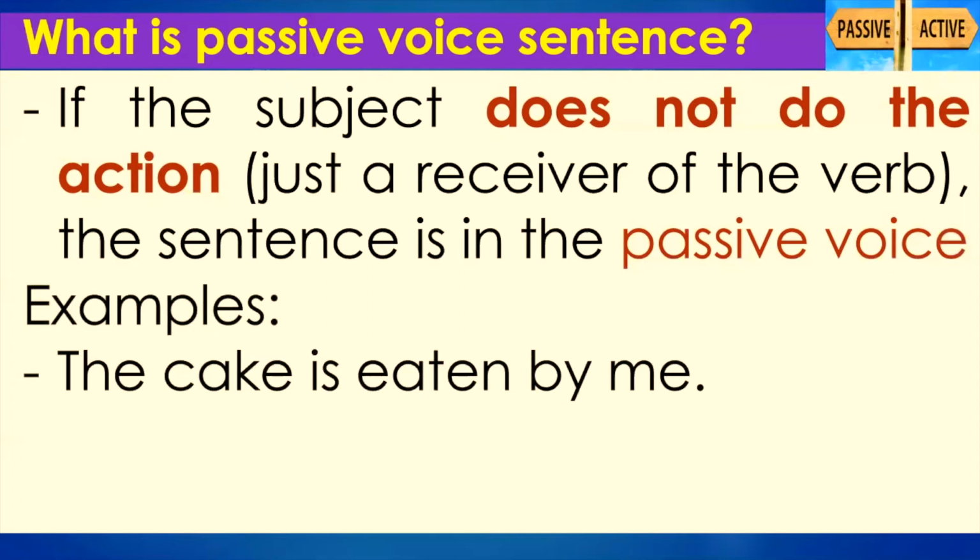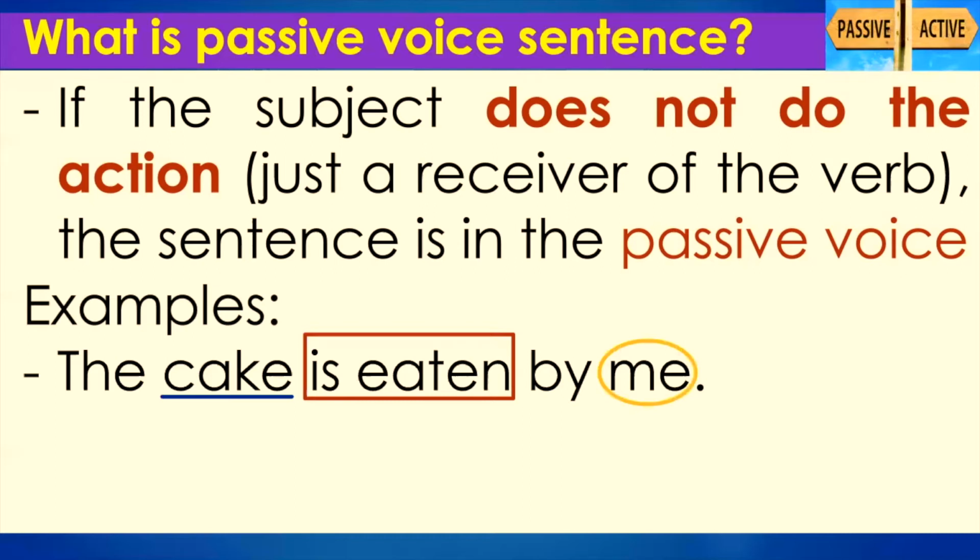What is our verb here? Yes, is eaten. It's the only phrase here that expresses action. Why is included? You know, is a linking verb. All right? Now, what is our subject? It's cake. But who is doing the action? It's me, not the subject anymore.